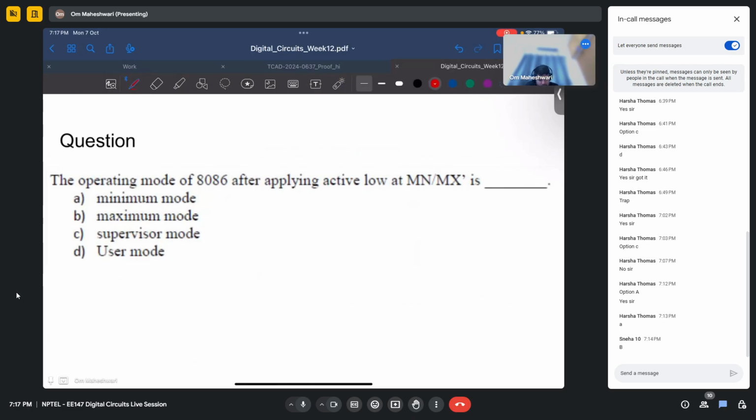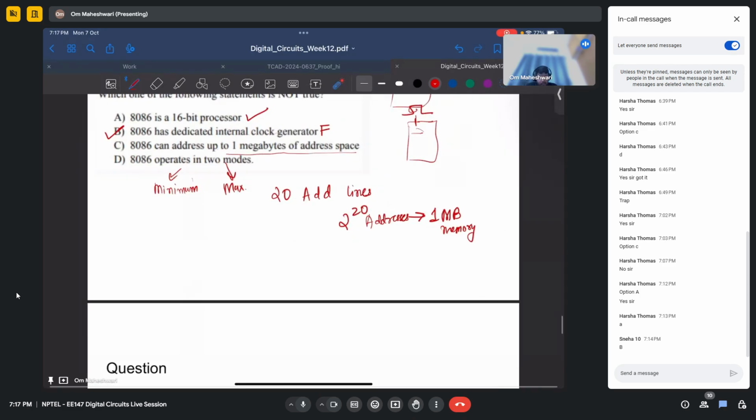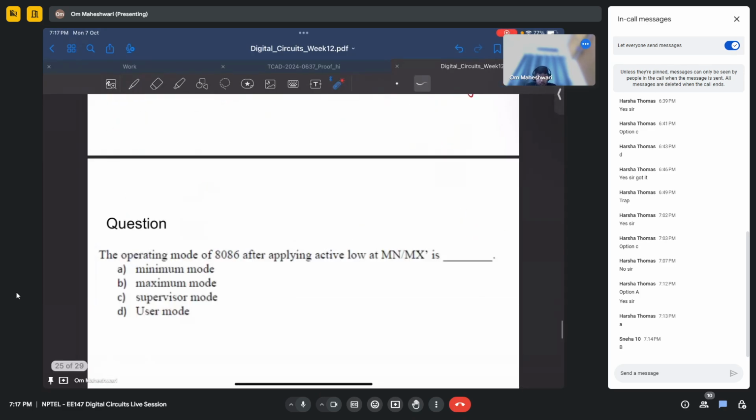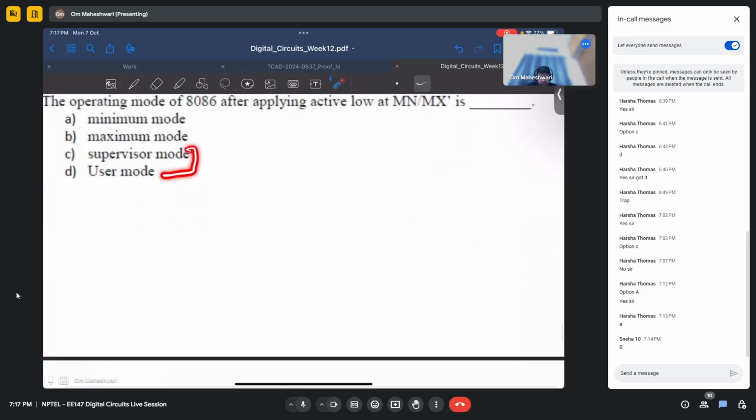So we just talked about it has two modes, right? Minimum mode and maximum mode. So there's nothing like supervisor or user mode.